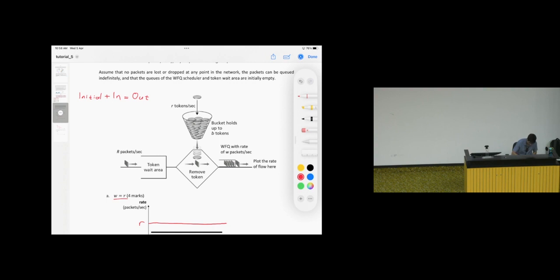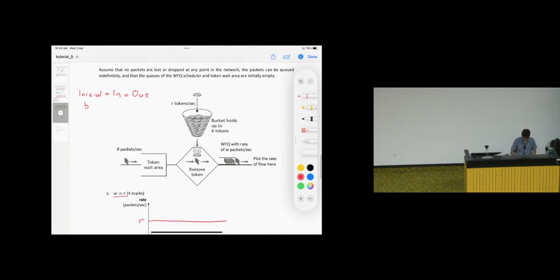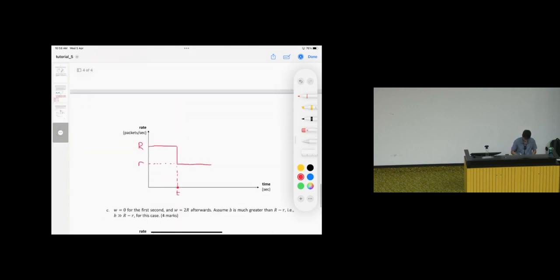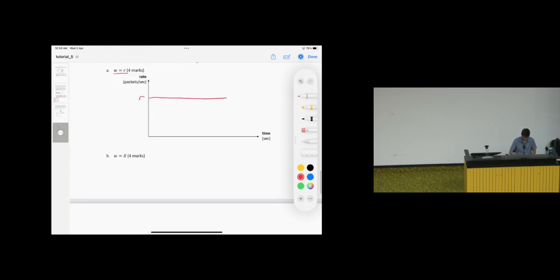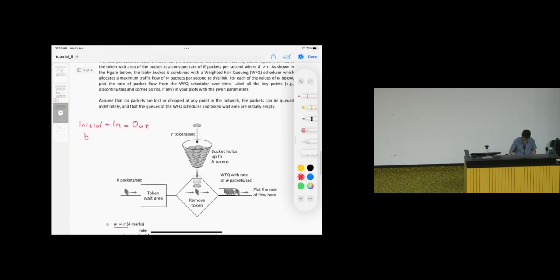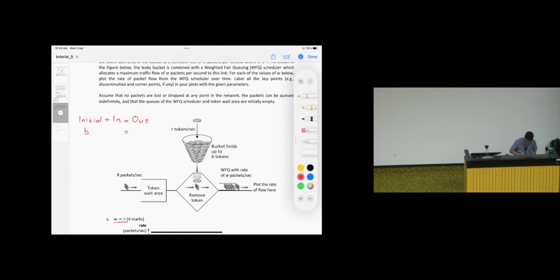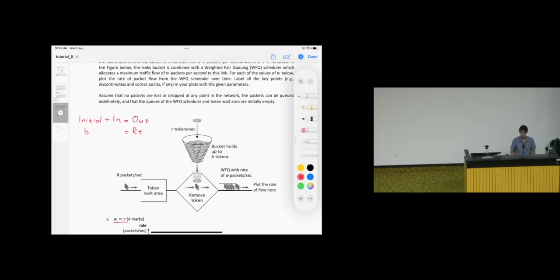So initially, I had b tokens, right? And up to time t, I know that my departure rate is capital R. That means I remove tokens at a rate of capital R over t seconds, so I have capital R times t packets that departed my bucket.